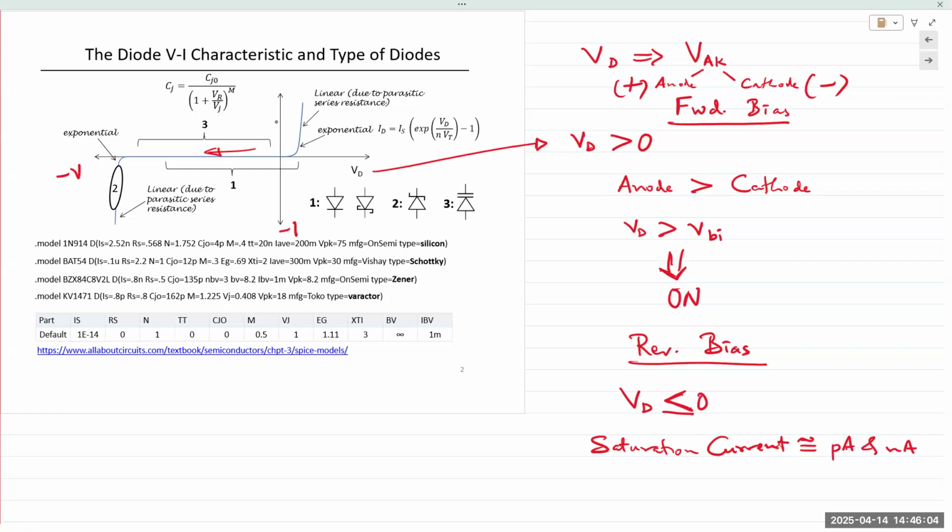Now, if you keep on increasing this voltage, you go from 0, -1, -2, -10, -15, -20, -30, -40, -50. You would ask, why would we operate the diode in reverse bias? Well, it's intentional, and sometimes it will also be unintentional. Intentional are of two kinds.